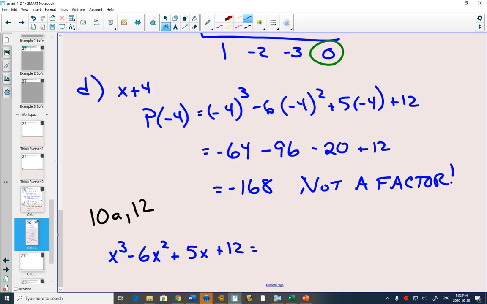We found out that x plus 1 was a factor, x minus 3 was a factor, and x minus 4 was a factor. And so in a sense, by finding all 3 of those factors, we've factored this completely. Does it make sense that if you multiply 2 of these factors together, you get an x squared? And then if you multiplied by another x, you would get an x cubed.